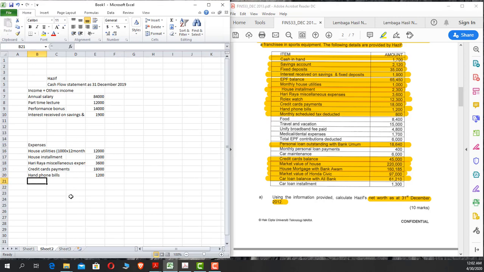Ialah schedule tax deducted dengan 800 darab 12 months. So the amount dia ialah 9,600.